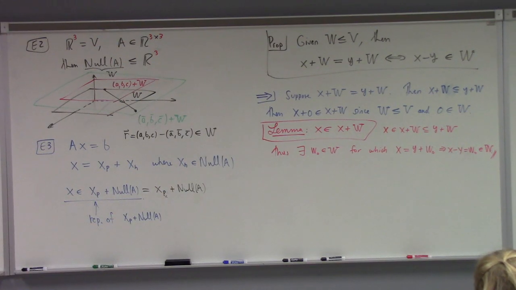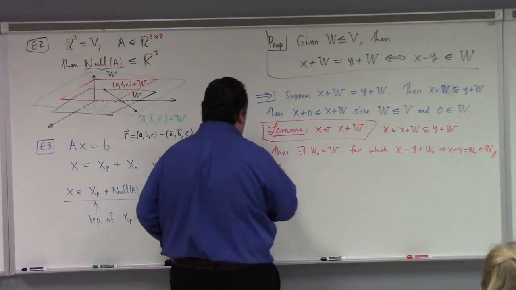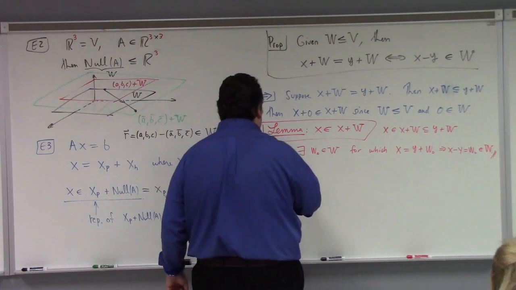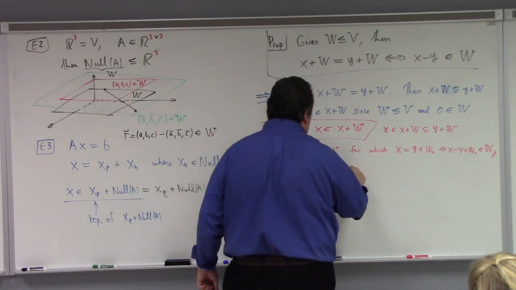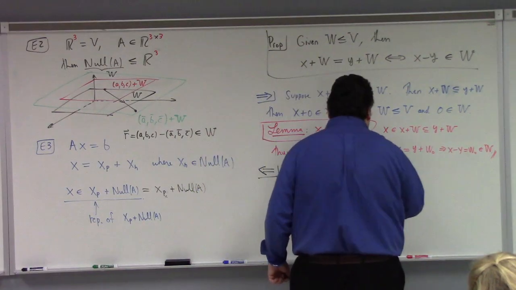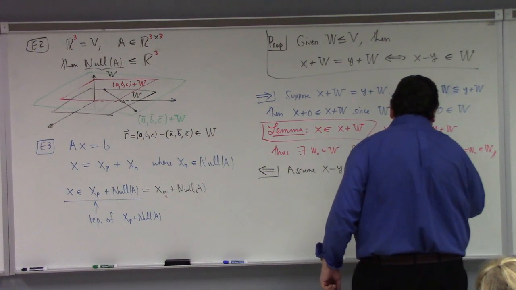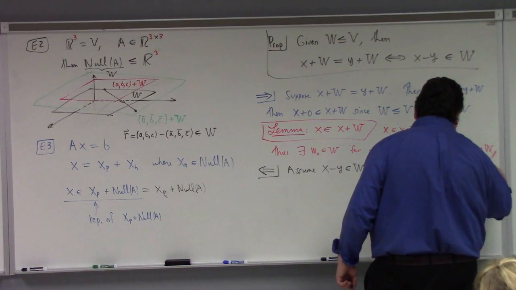So next up, the other direction, right? So we go the other way. We assume that x minus y is an element of W. Thus, x minus y is equal to w naught for some w naught in W, right?